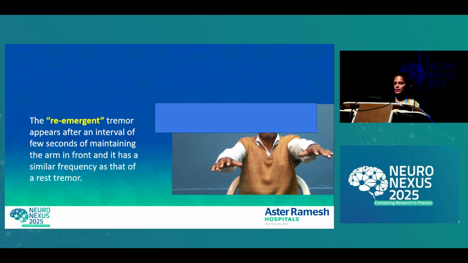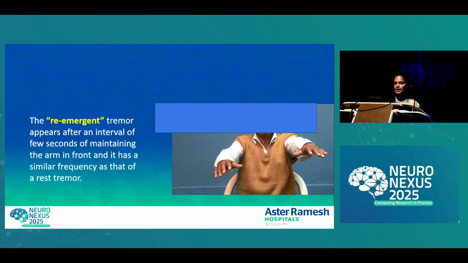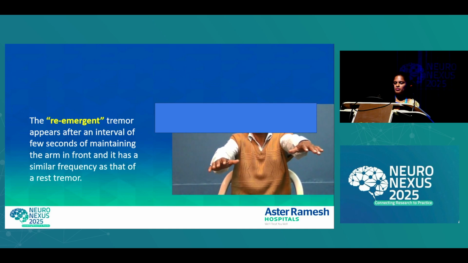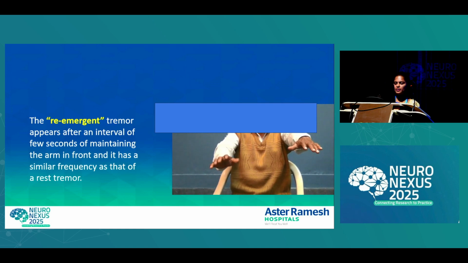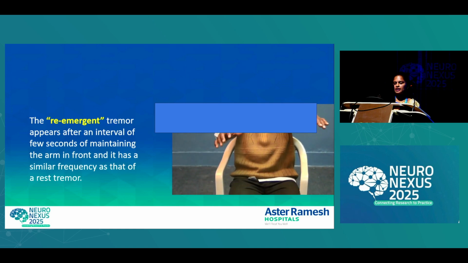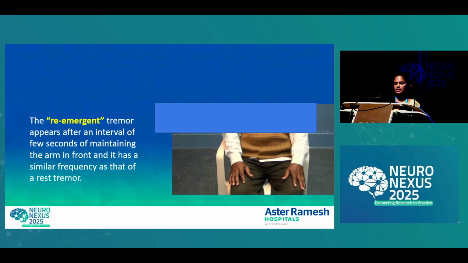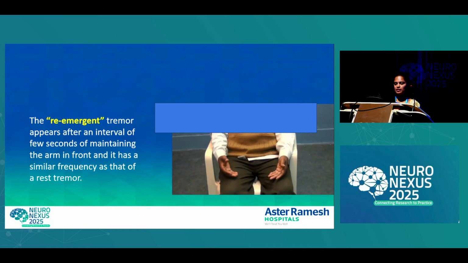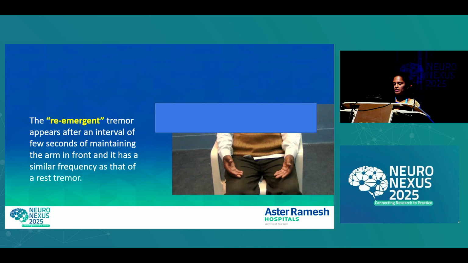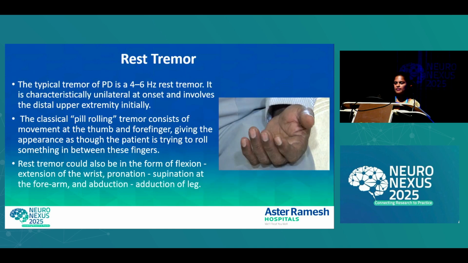After a period of few seconds, tremor starts again. That is re-emergent tremor. Unlike essential or postural tremor, in case of postural tremor, tremor immediately reappears on keeping the hands in specific posture. But in re-emergent tremor, there will be a latency of few seconds.